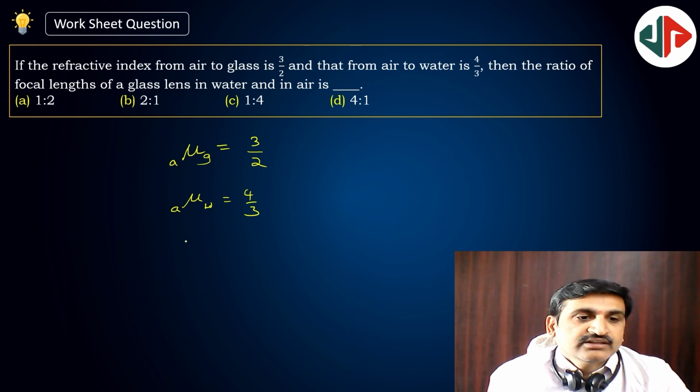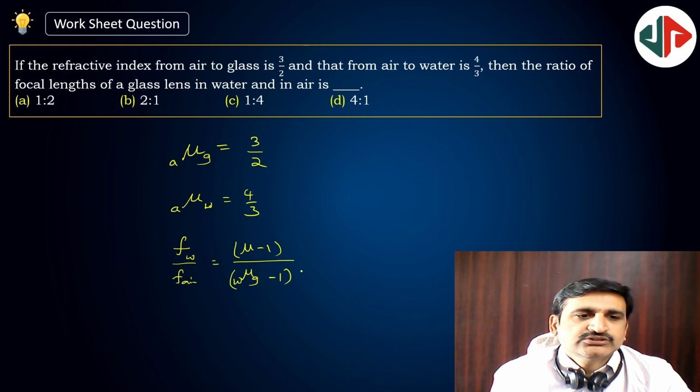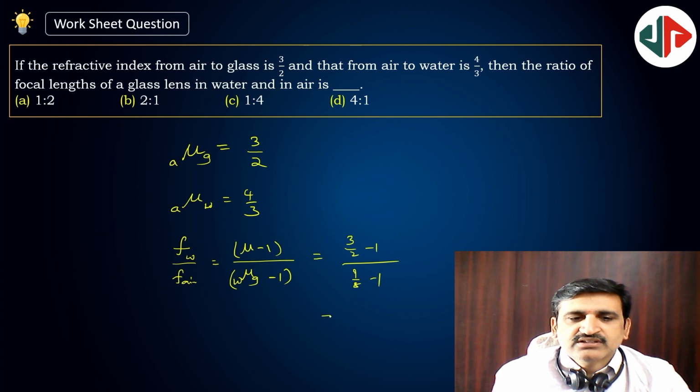Okay, ratio of focal length of a glass lens in water and in air is equal to mu g minus 1 by mu g with respect to water minus 1. So that is equal to 3 by 2 minus 1 by mu g with respect to water, which is 9 by 8, minus 1. So it is going to become numerator 1 by 2, denominator 1 by 8. So it is 8 by 2, that is equal to 4.